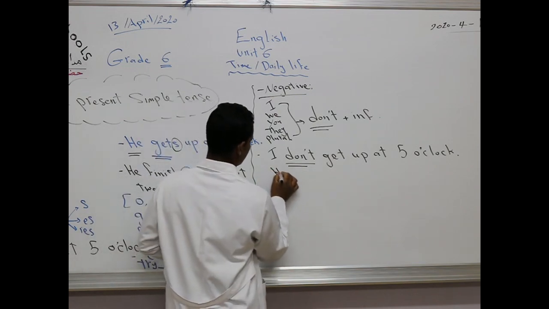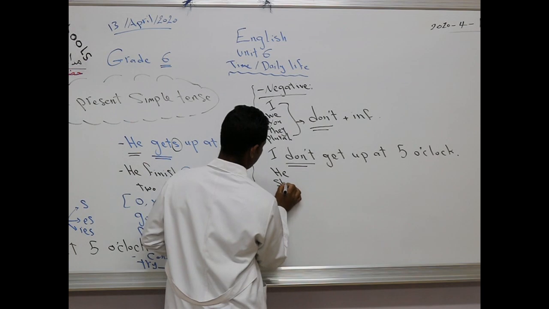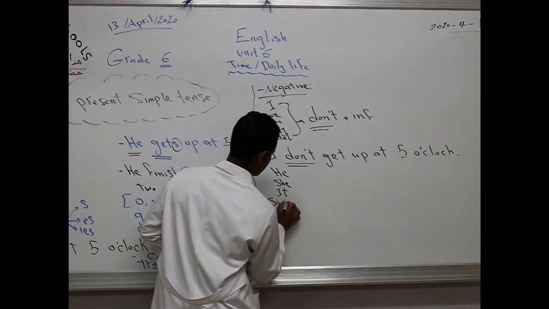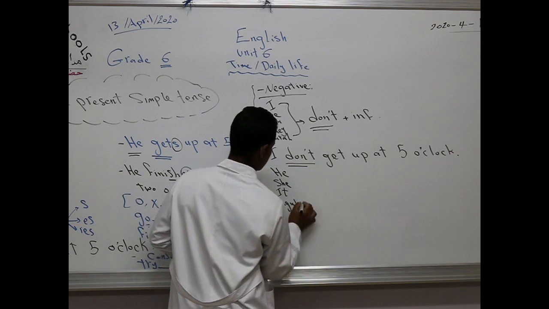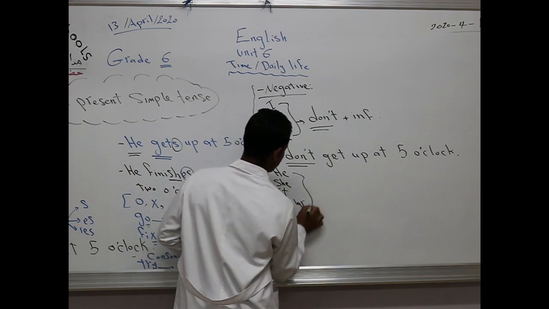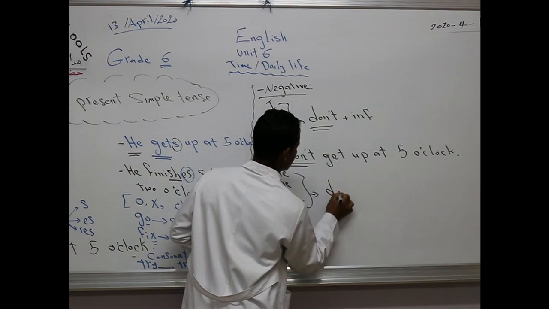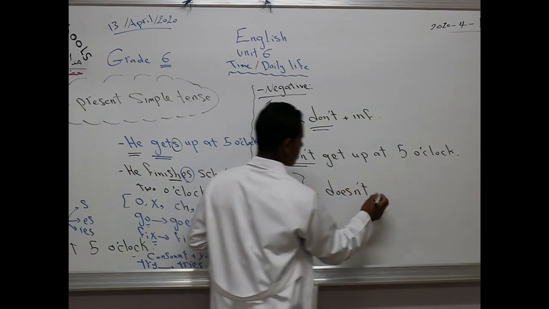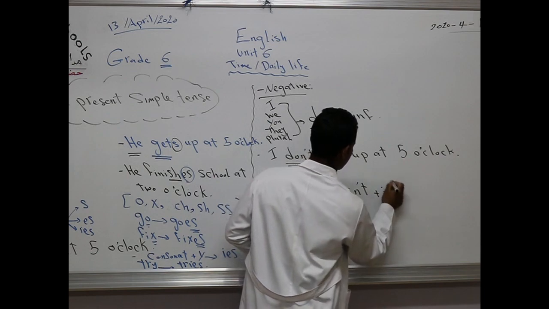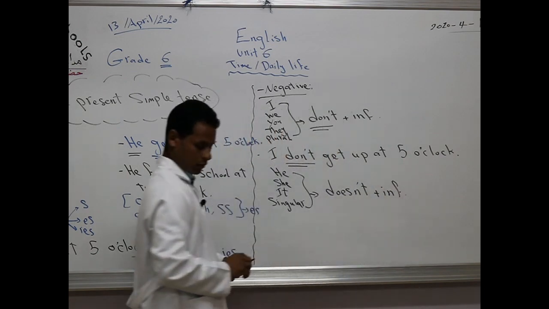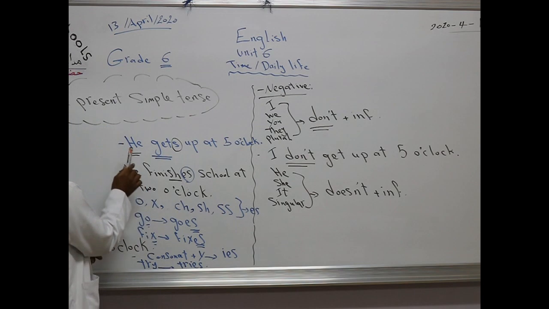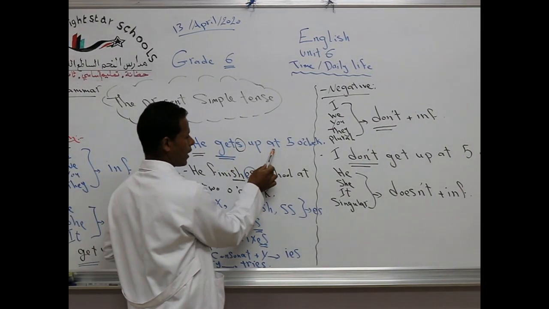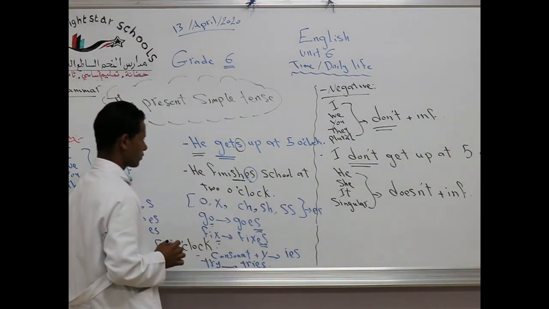But with he, she, it, or a singular noun, we use does not or doesn't plus the infinitive. Here we said he gets up at 5 o'clock.